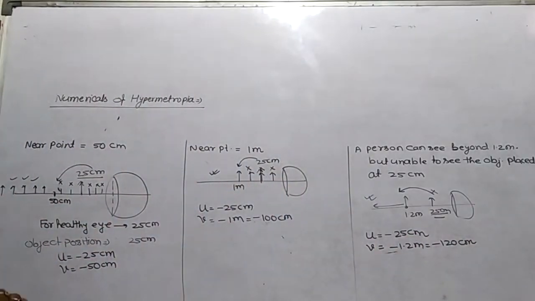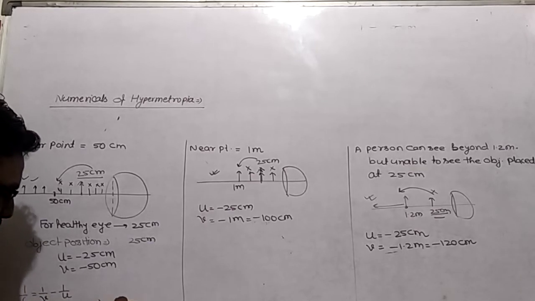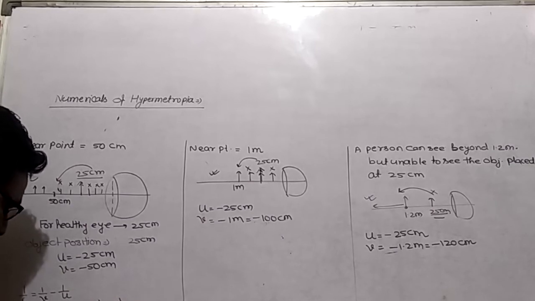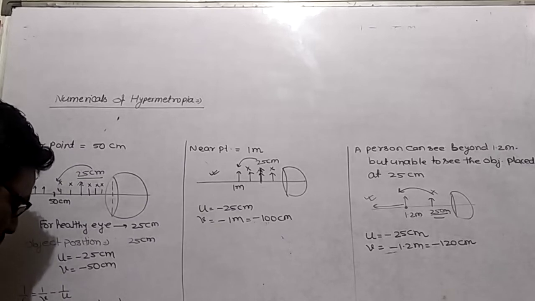Now we solve for focal length. 1 upon f is equal to 1 upon v minus 1 upon u, beta. 1 upon v is minus 50, 1 upon u is minus 25. So minus 1 upon 50, minus 1 upon minus 25 is plus 1 upon 25. Take the LCM: minus 1 plus 2, upon 50. So f is equal to plus 50 centimeter.